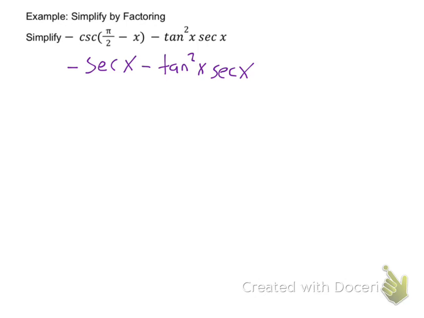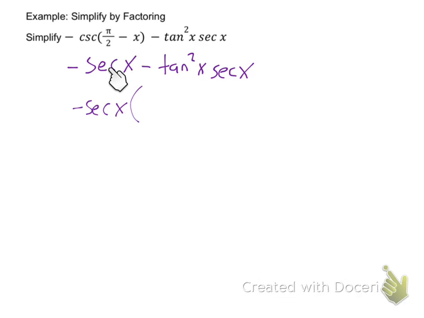Now, what if we had secant? Does that mean we have to double? So what do I have in common now in both of those? No. You can't take x out because x is inside the function. Secant. But also, you can't lose the fact that what else was there? A negative. So I'm going to factor out a secant x, or negative secant x.